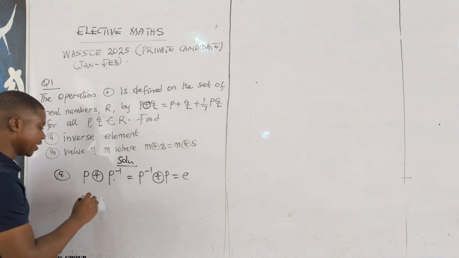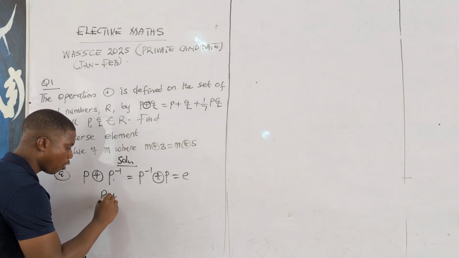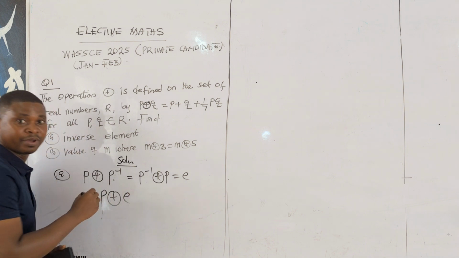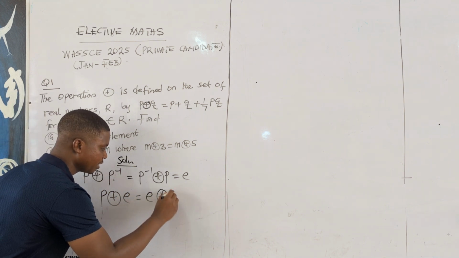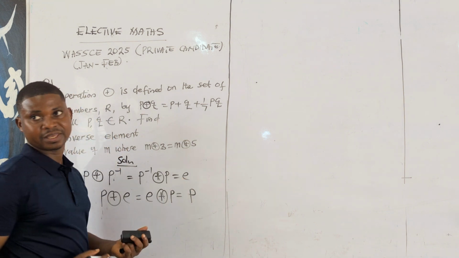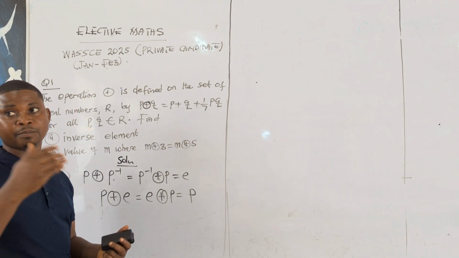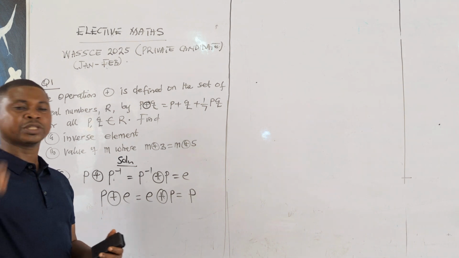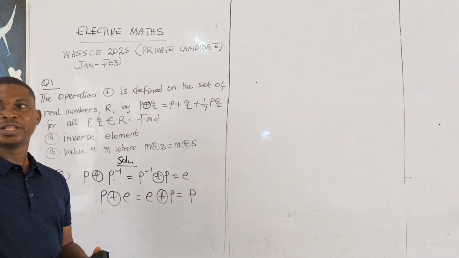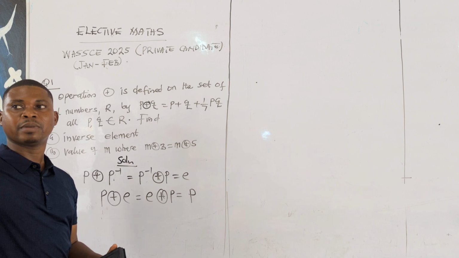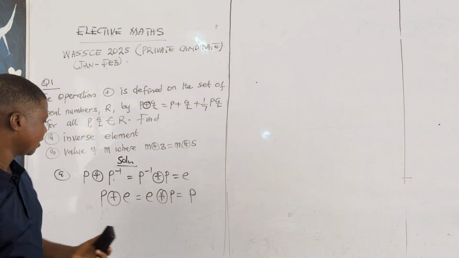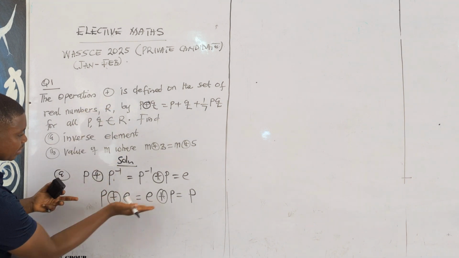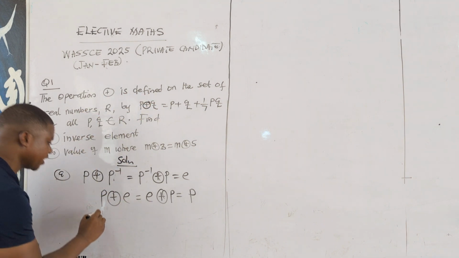To find it, P operating on the identity element, which is the same as the identity element operating on P, gives us the number P itself. Any number operating on the identity element, or the identity element operating on that number, should give you that same number.